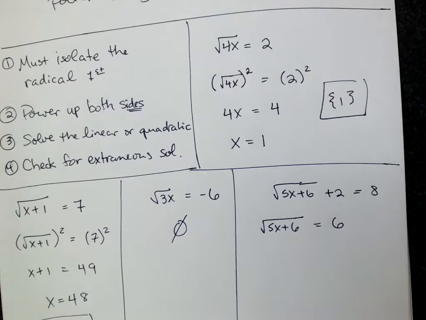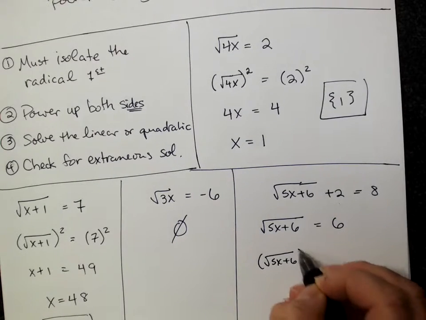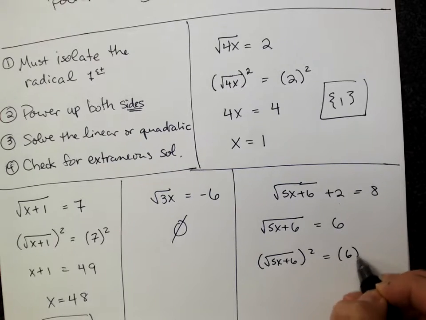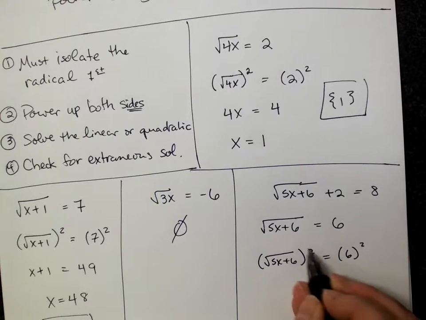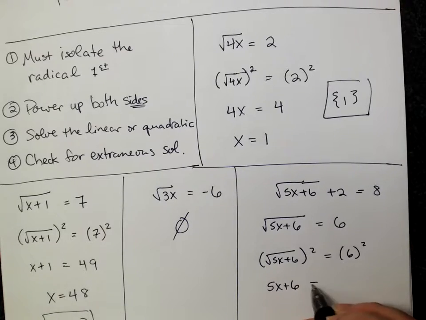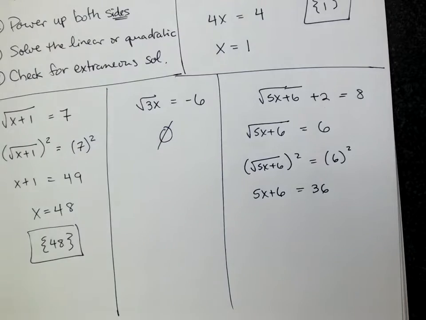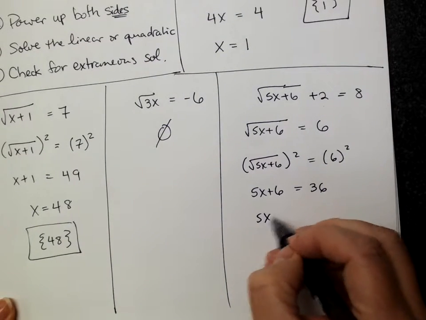It's isolated. Power up both sides. That releases the radicand intact. Resulted in a linear. Solve for x.